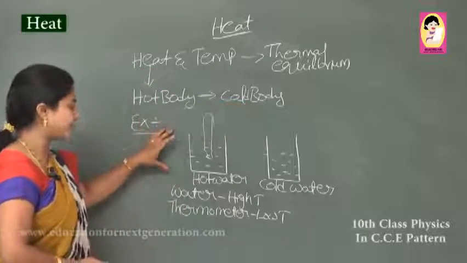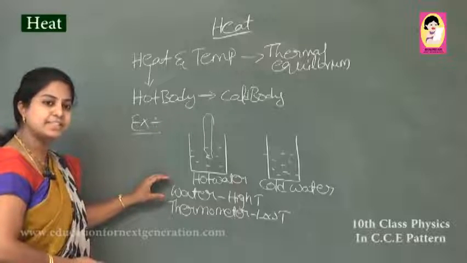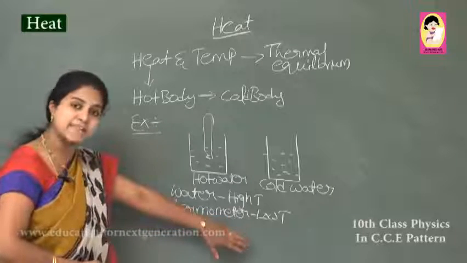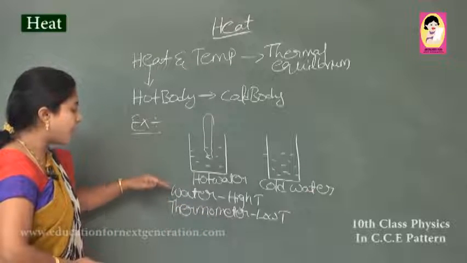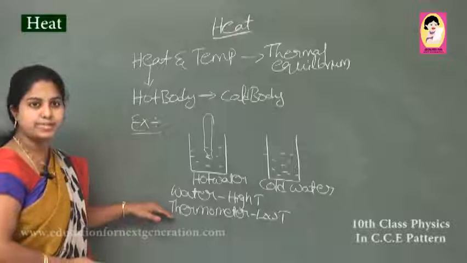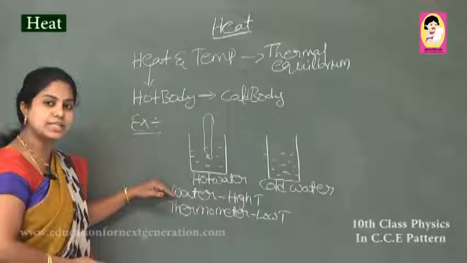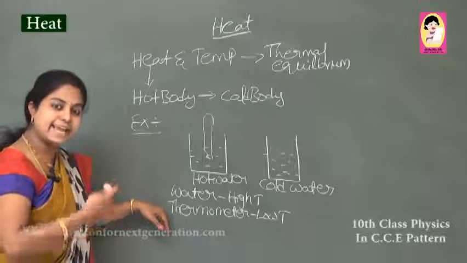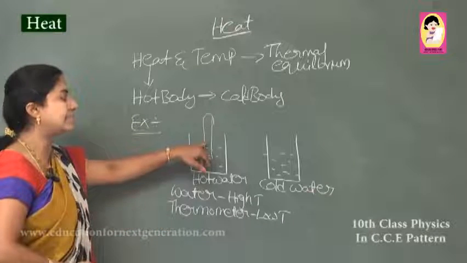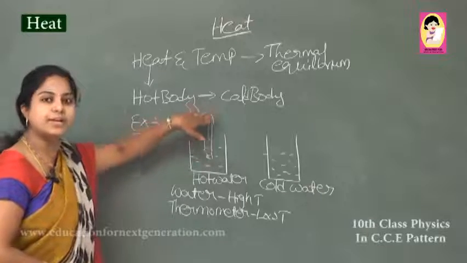In this experiment, water is having the highest temperature and the thermometer is having the lowest temperature. Obviously, the heat will be flowing from hot water to the thermometer. That means hot water is losing energy and the thermometer is gaining energy. That gain in energy is represented in terms of mercury level rise.